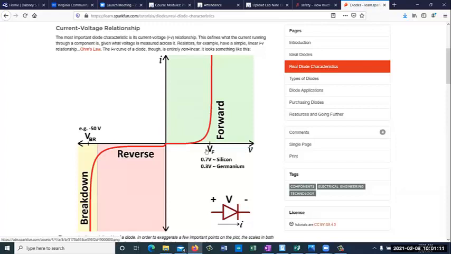You've got voltage in the X direction and current, and if you put 5 volts across the diode, it pretty much goes crazy, you get almost infinite current. That's why it burns out. But depending upon the kind of diode you have, the operating voltage is in the range of 0.7 for silicon and 0.3 volts for germanium, and I said 0.5.